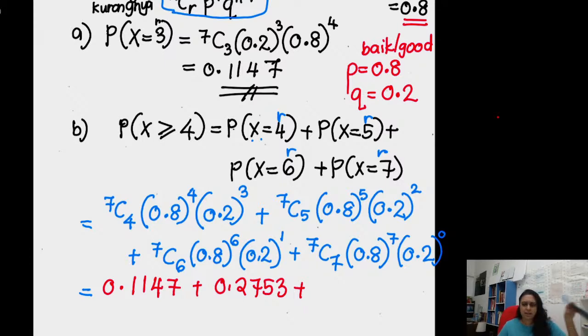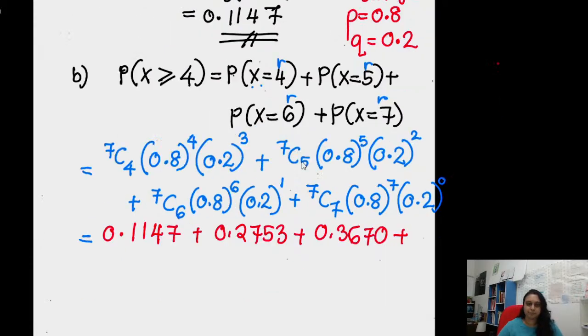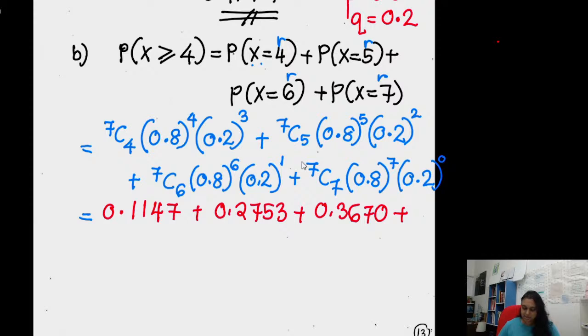Especially if you use this old calculator, just be careful. Then the third one, 7C6 darab 0.8 power of 6 darab with 0.2 power of 1, 0.3670. And the last one, 7C7 darab with 0.8 power 7 times with 0.2 power 0. So I'm getting 0.2097.